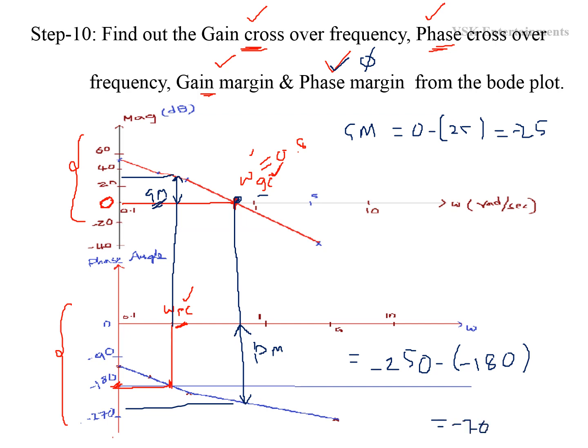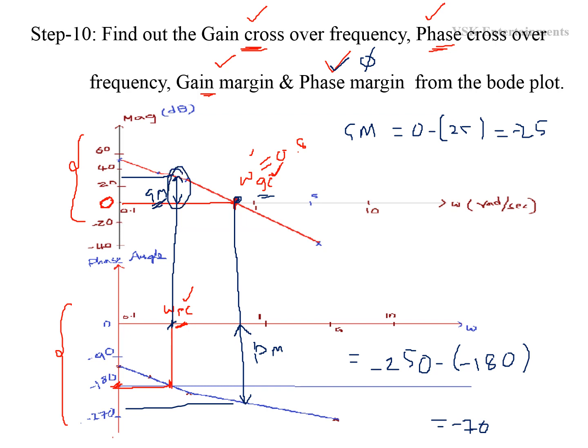This is the procedure of finding the gain margin and phase margin from the Bode plot. First, find the gain crossover frequency and phase crossover frequency. Coming to gain margin, we find the additional gain value at the phase crossover frequency.